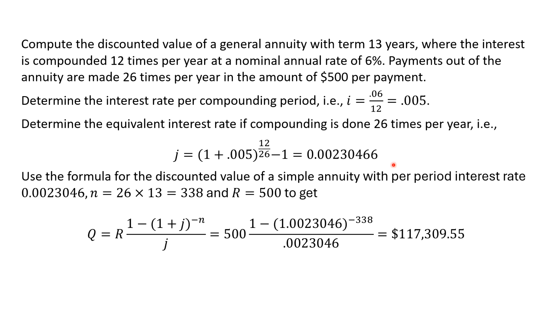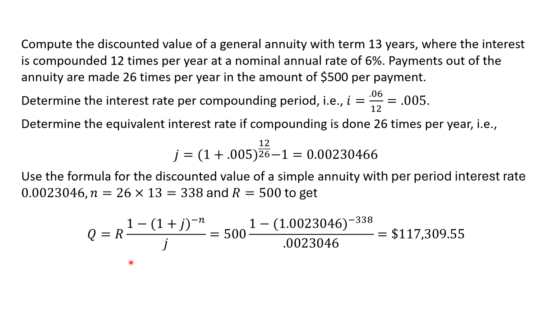Now we have everything that we need to compute the discounted value of a simple annuity with per period interest rate this here. In other words, period 1/26th of a year now. N is 26 times the term, 13 years, 338, and the payout at 26 times a year is $500.